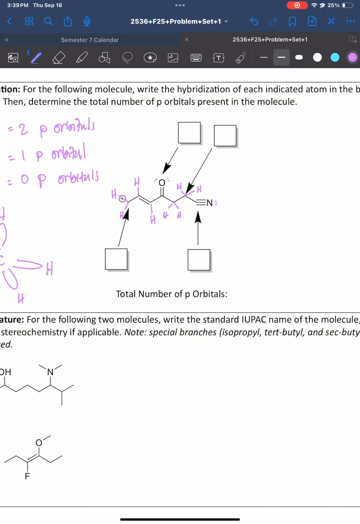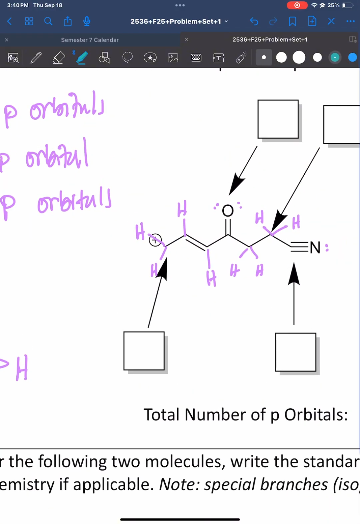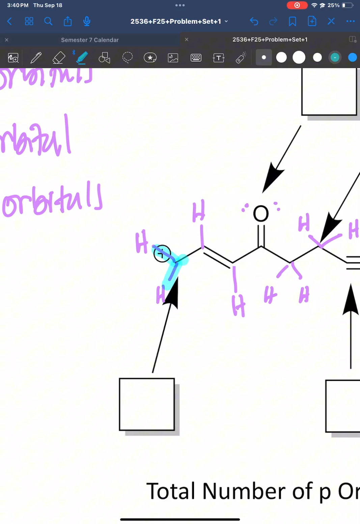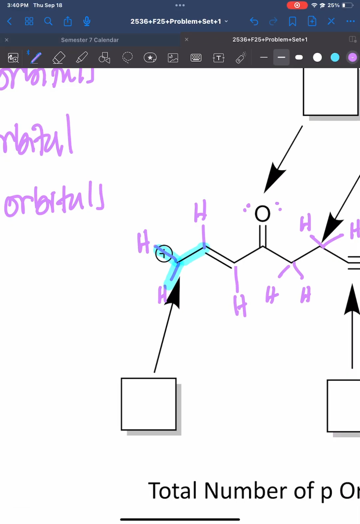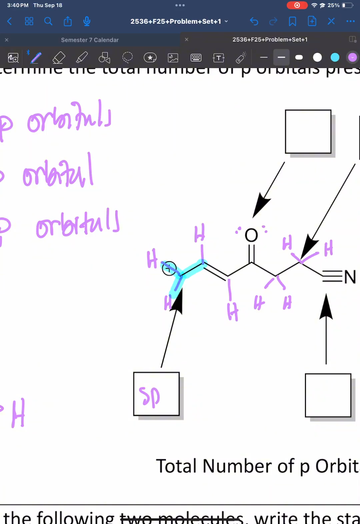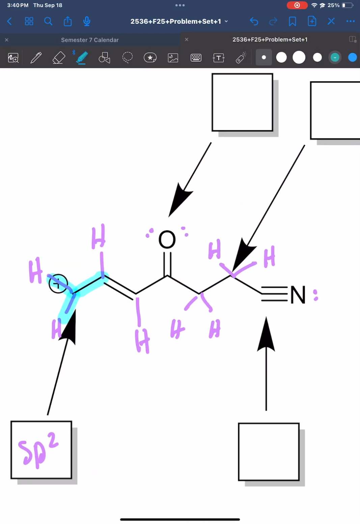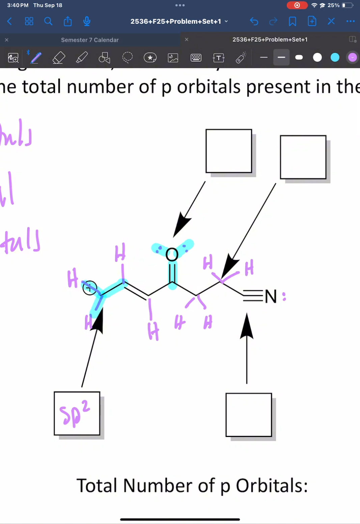So let's start with the carbocation. It's pointing to this carbon right here, and it's attached to 1, 2, 3 separate things. So this is going to be sp2 hybridized. The oxygen here is going to be attached to a lone pair here, and double bonded here. So in this case, this is also going to be sp2.